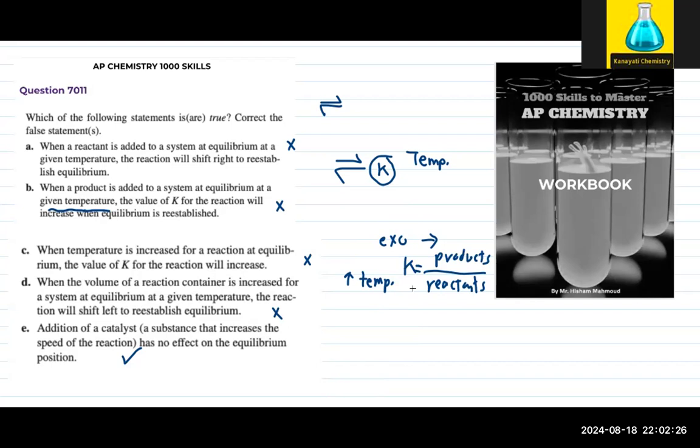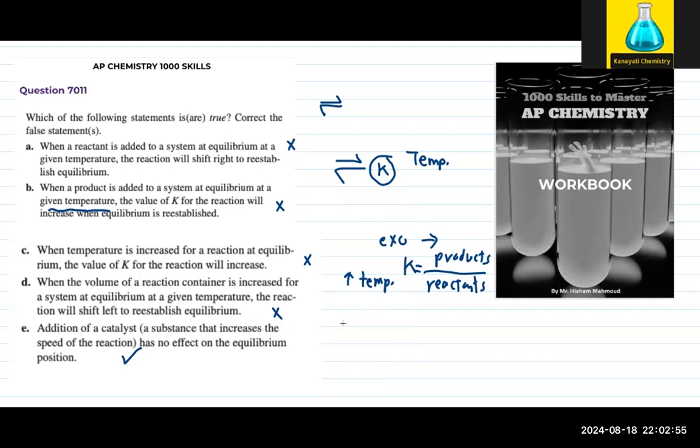For when the volume of the reaction container is increased for the system at equilibrium, the reaction will shift to re-establish equilibrium. So let's imagine that I have reactions that have more reactant gases than products. It will shift to the left. But if I have more products than reactants, it will shift to the right instead of the left.